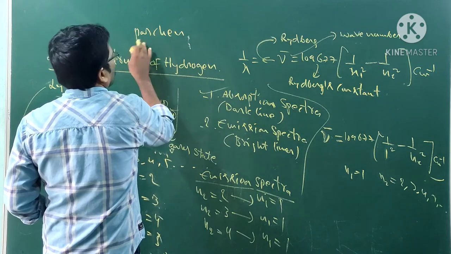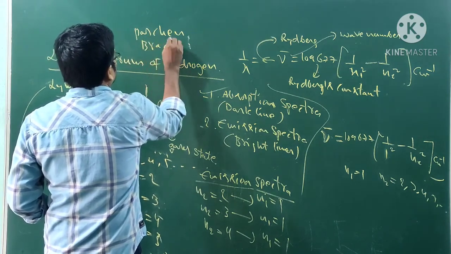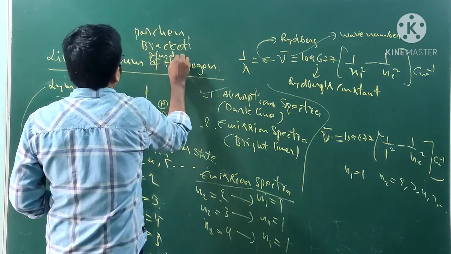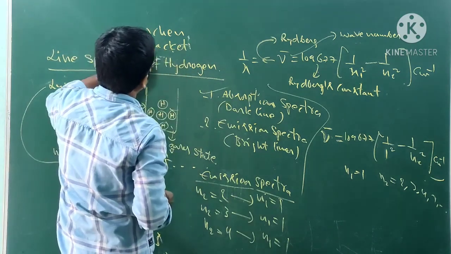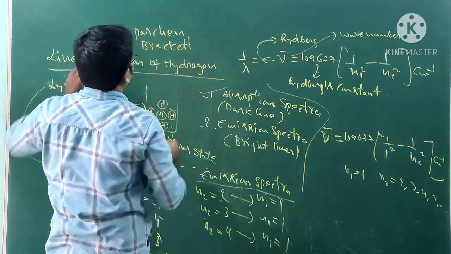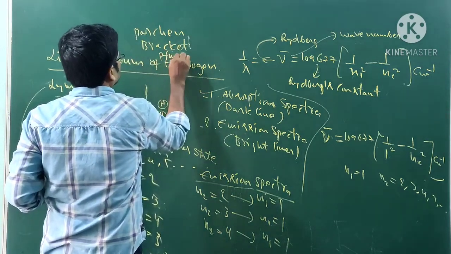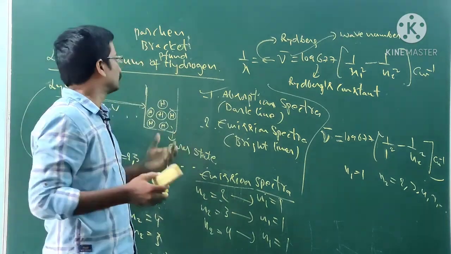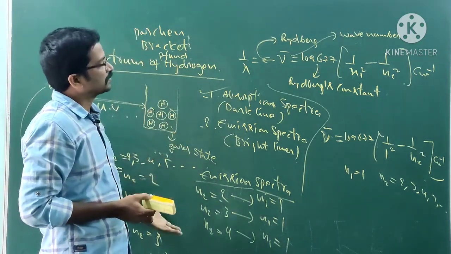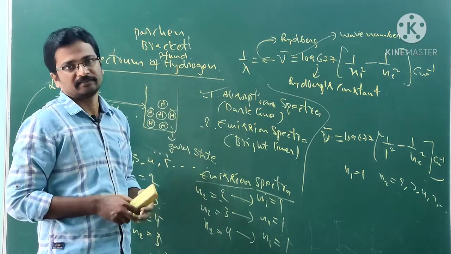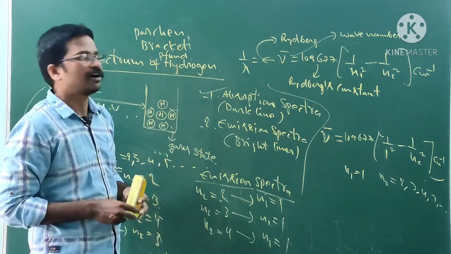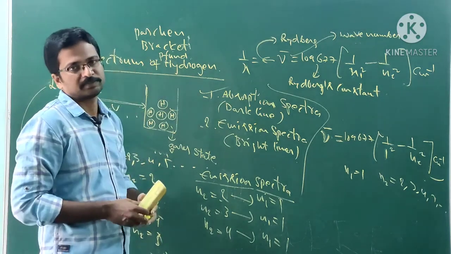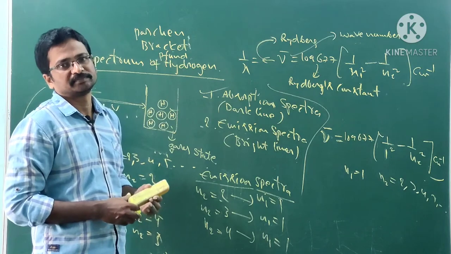Next one is Brackett. Next scientist, Brackett, and next scientist, Pfund. These five scientists explained the electromagnetic line spectrum of the hydrogen atom.